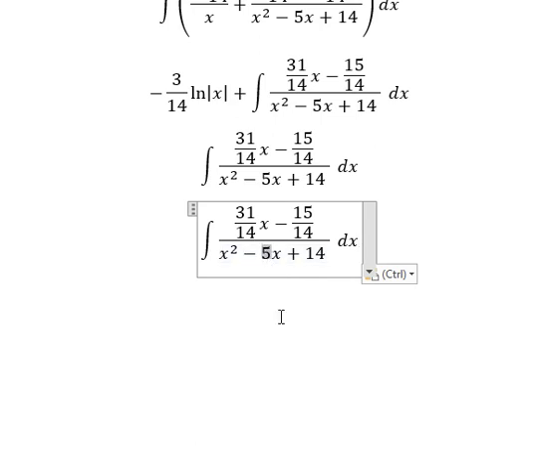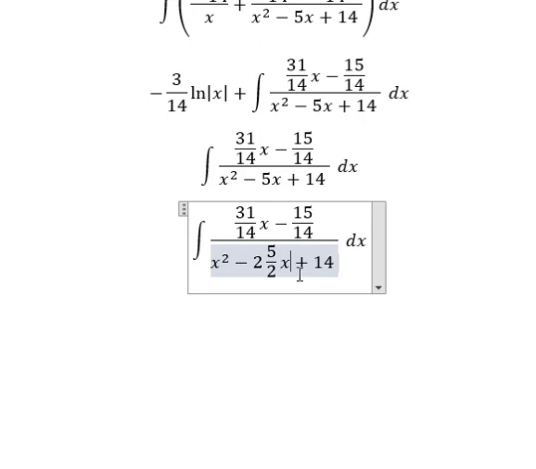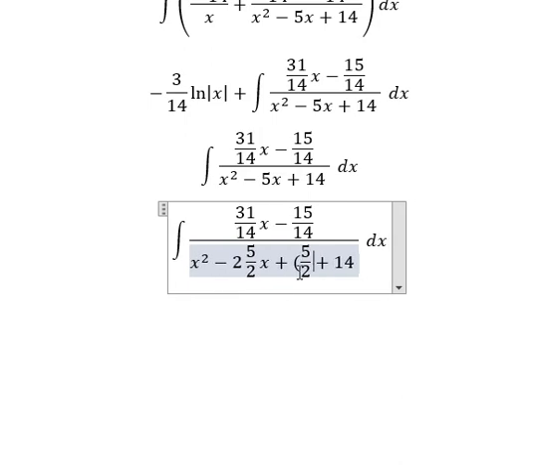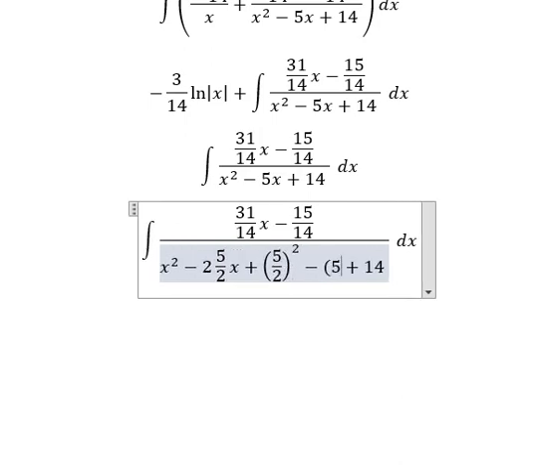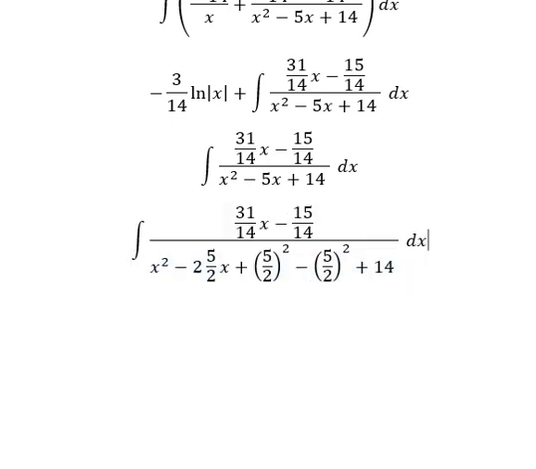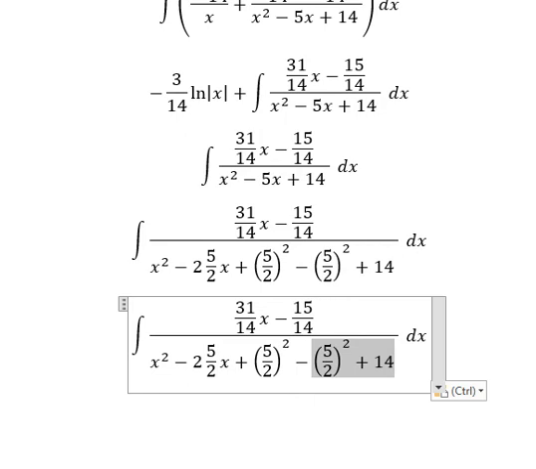So about negative number 5, we can put number 2 multiplied by 5 over 2. So that means we need to have s minus 5 over 2 to the power of 2. Later, we need to minus 5 over 2 to the power of 2. So for this one, we have 31 over 4.